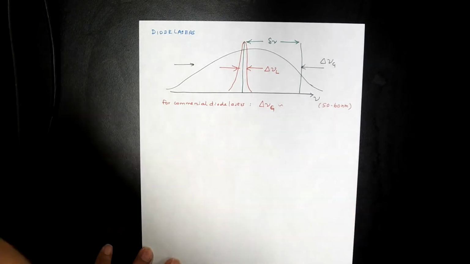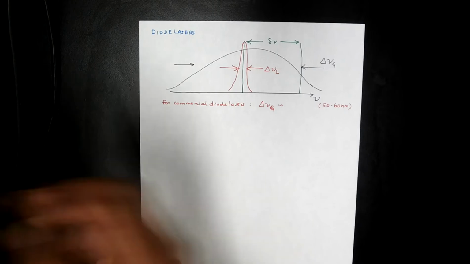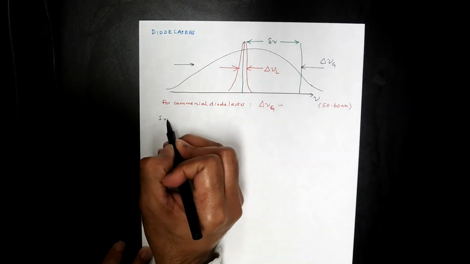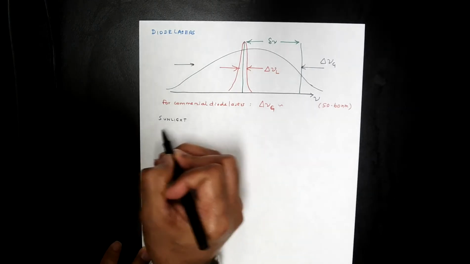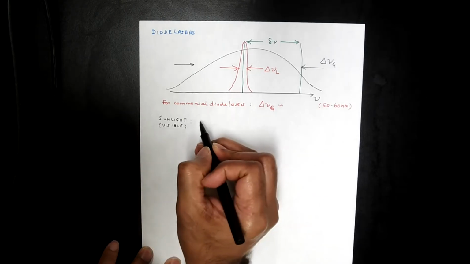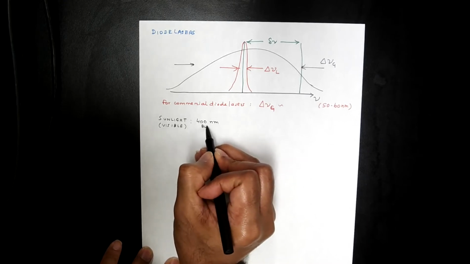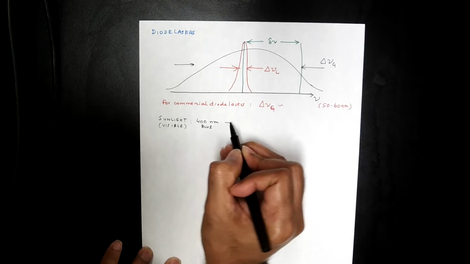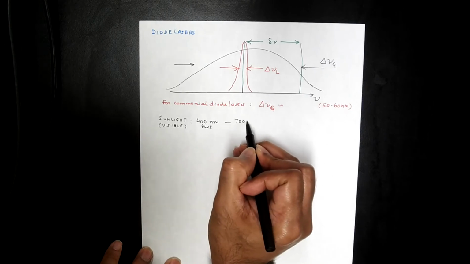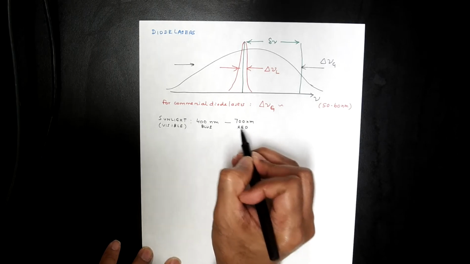What you can remind yourself is that sunlight, the visible, goes from about 400 nanometers, which is blue, out to 700 nanometers, which is way into the red, almost infrared.